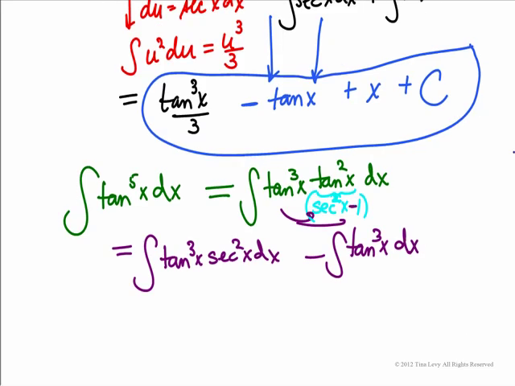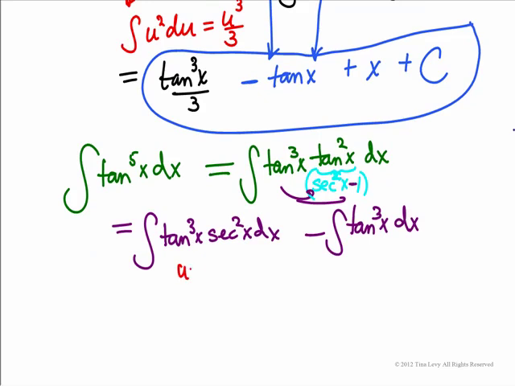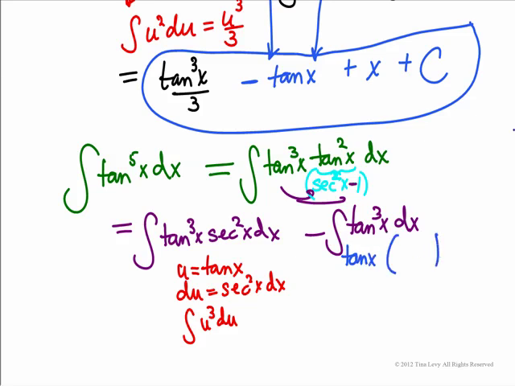The minute we see we've got a secant squared, this is a perfect setup for u being tangent x. The derivative of u then is secant squared x dx, and this integral becomes the integral of u cubed du. This other integral, we will have tangent x, and then we'll have a tangent squared x dx.